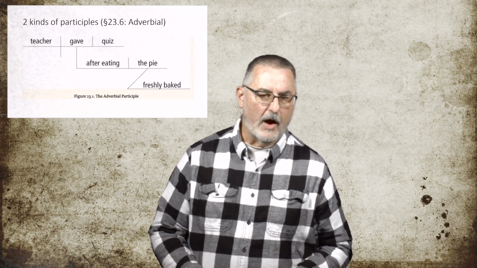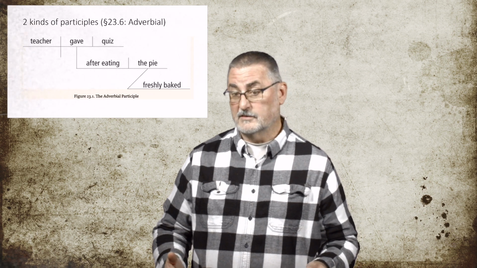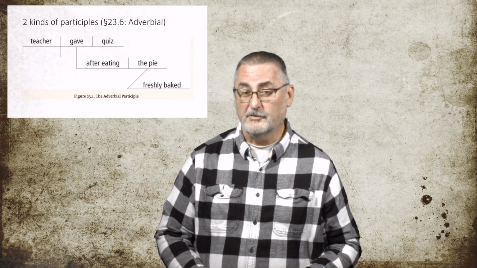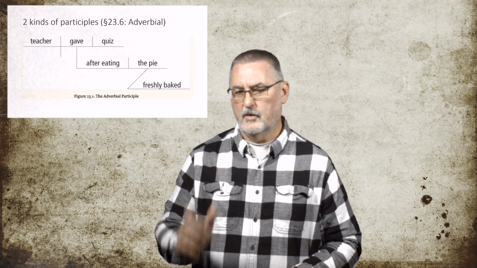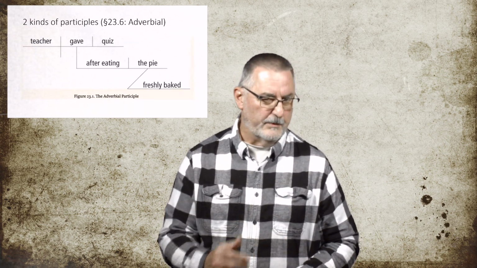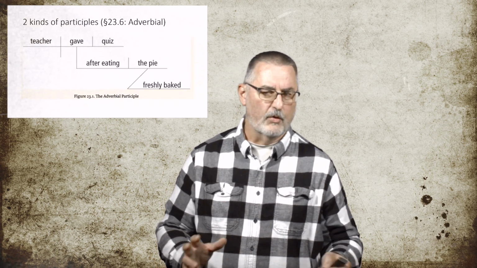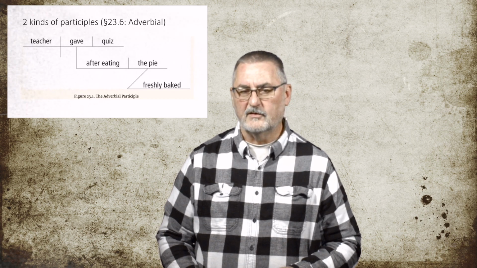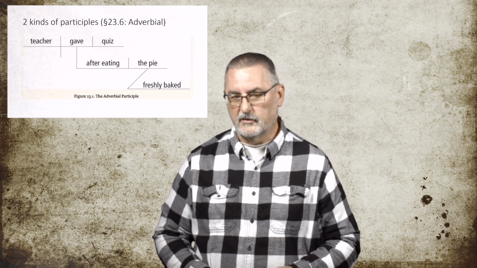I know that probably many of you have not actually done sentence diagrams, but Decker gives this kind of a chart, and perhaps we can follow along. The main part of this sentence is the teacher gave a quiz. The participle there would be eating, and of course we've got a temporal marker there, after eating, and so that is going to tell us when it was that the teacher gave the quiz.